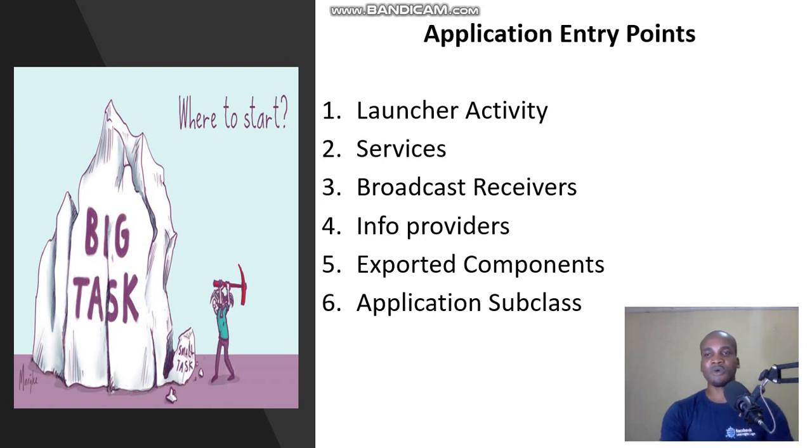The second one is services. Services run in the background without a UI. There are a myriad of ways that they can be started and thus are an entry point for an application. You don't need to click on a button for services to run. Think of it as your WhatsApp notification message.